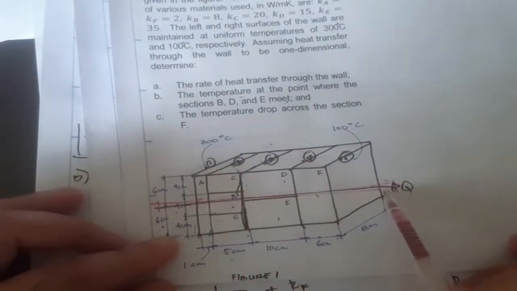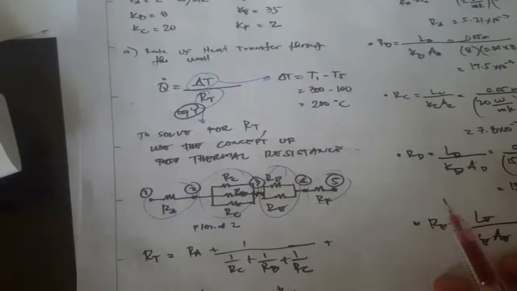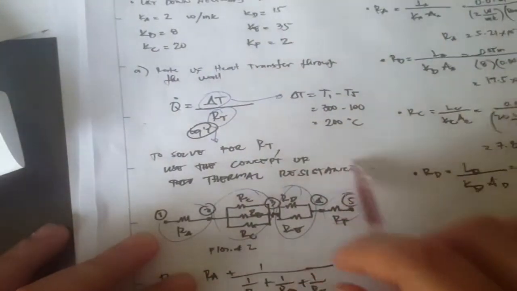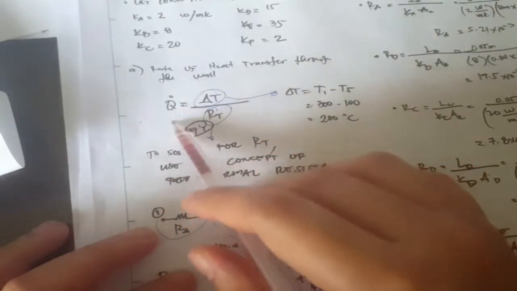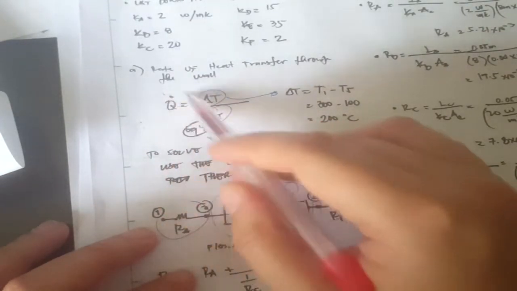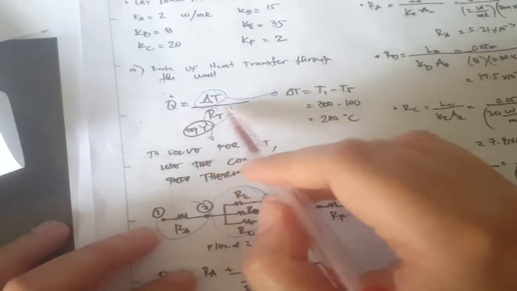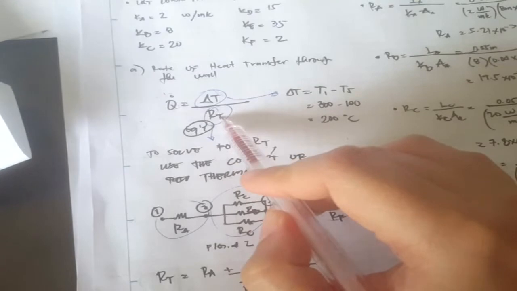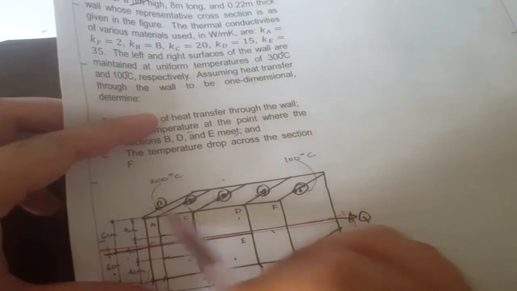In order for us to determine the heat transfer through the wall, we use the concept of thermal resistance. We use the equation Q, or the heat transfer rate, is equal to delta T over R total, wherein we refer to delta T as from point 1 to point 5.